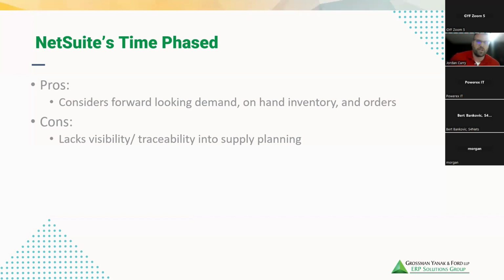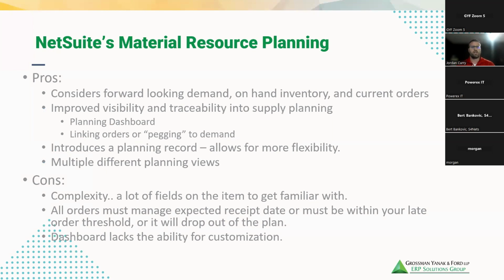And then obviously the order items page as well. You can view that. All the suggestions that it has will pop up on that page. Okay. But it doesn't pull it all together very well. And that's really where they made some improvements with material resource planning, which is what we'll talk about next.